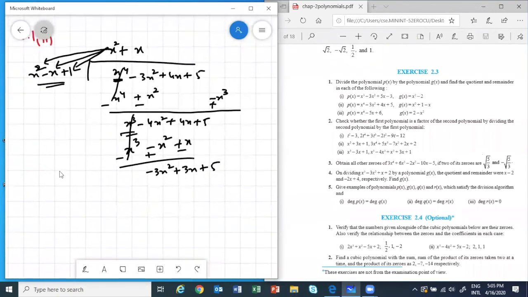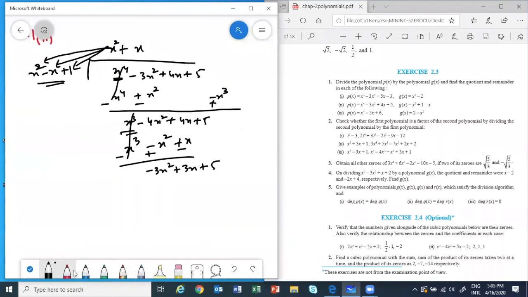Next, we should take minus 3 so that we get minus 3x square. So we'll have minus 3x square, then plus 3x, and then minus 3.